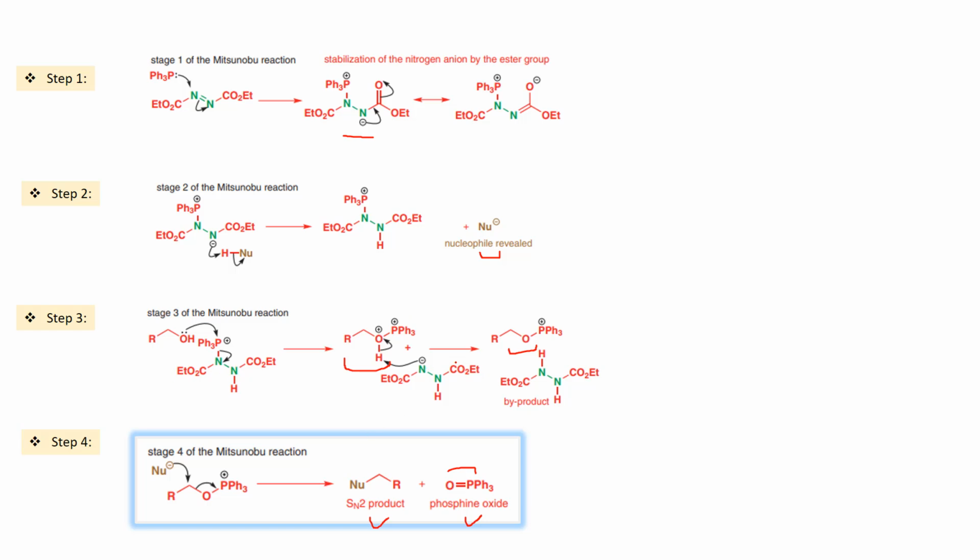After that, due to the positive charge of this phosphorus group, there is a huge minus I effect which weakens the carbon-oxygen bond. Because of that, it turns into a good leaving group.